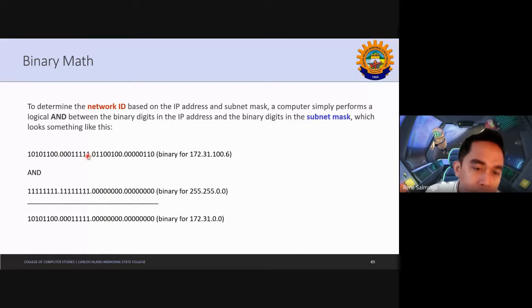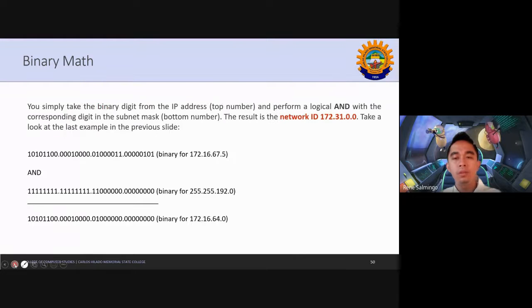As mentioned, 1 and 1 would be 1. So what you're going to do is just copy the first octet and the second octet, and you have this. So this is another way to determine your network ID using the logical AND operation. But looking at it, it would be easier.